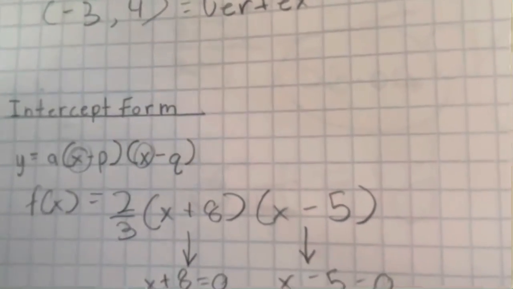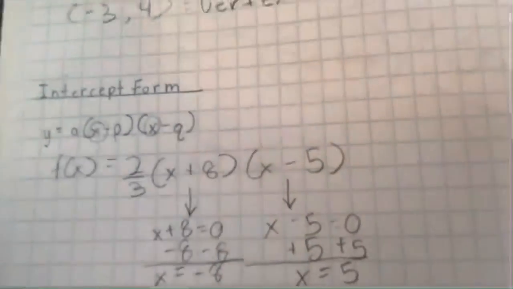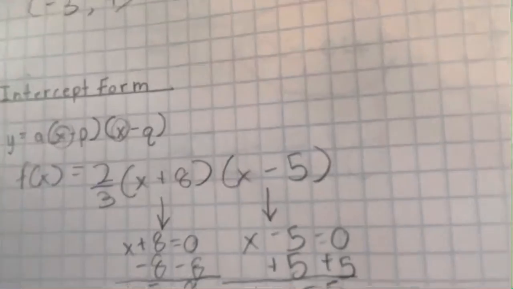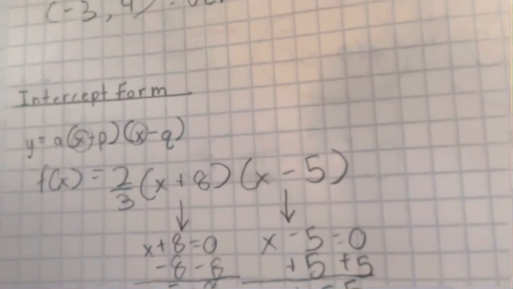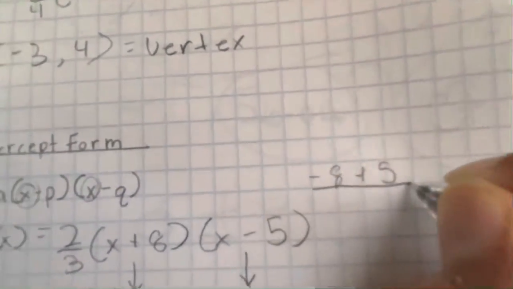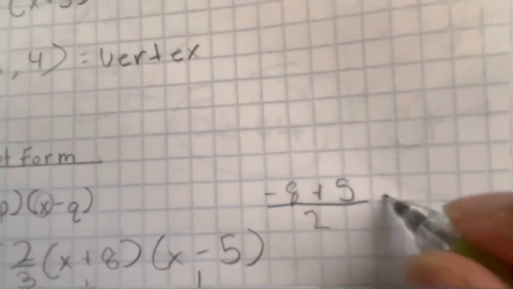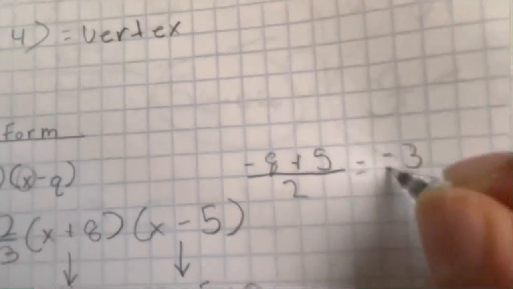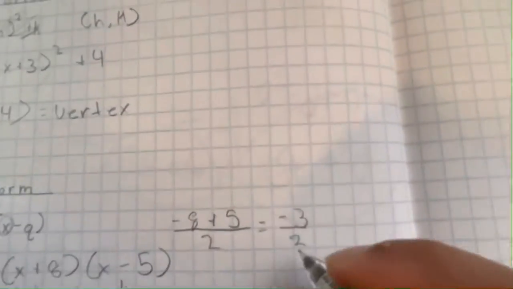So the x value of the vertex is in the middle of the 2 roots. We know our roots are minus 8 and 5, so we can write minus 8 plus 5 over 2, which is minus 3 over 2. So our x value would be negative 1.5.